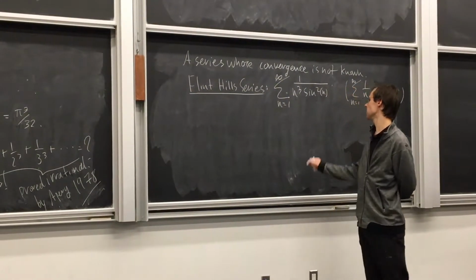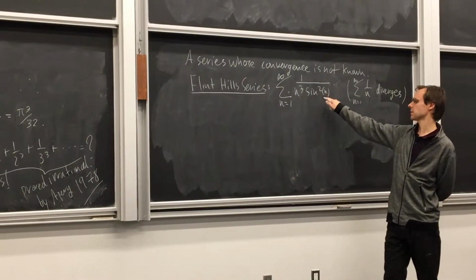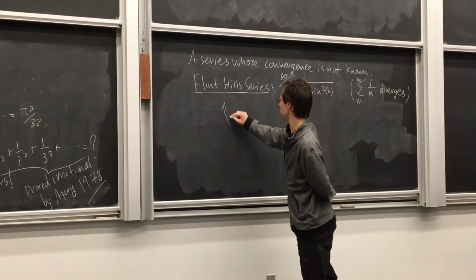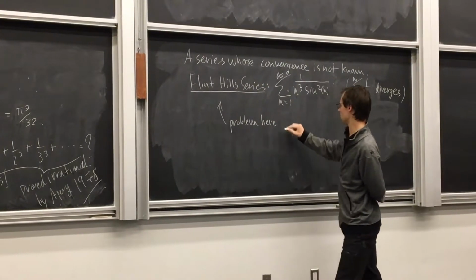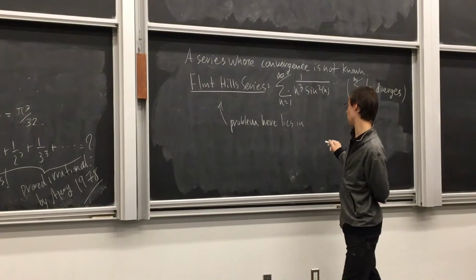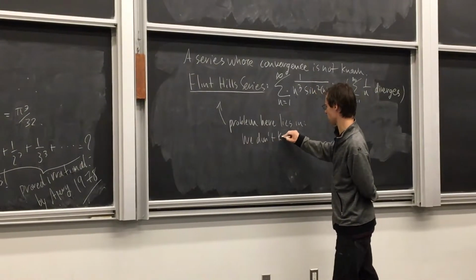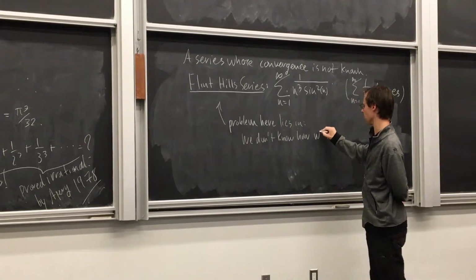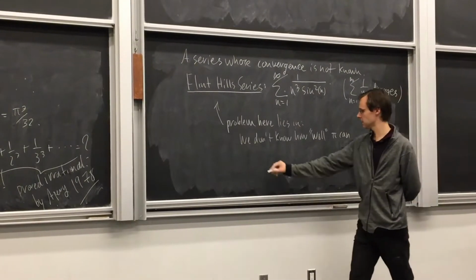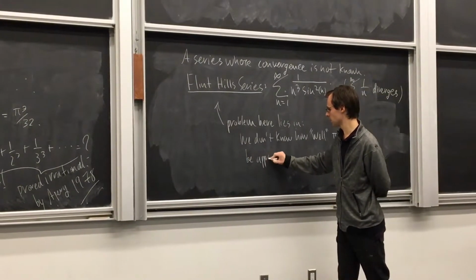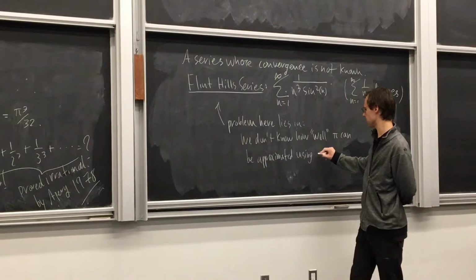And again, the problem is with the sine and how well you can approximate pi using natural numbers. Okay? So the problem here lies in the following. We don't know how well, I'm going to put the well in quotes, how well pi can be approximated using natural numbers.